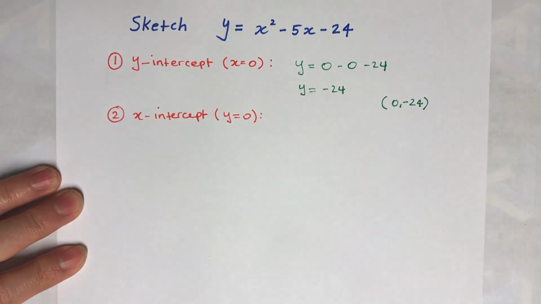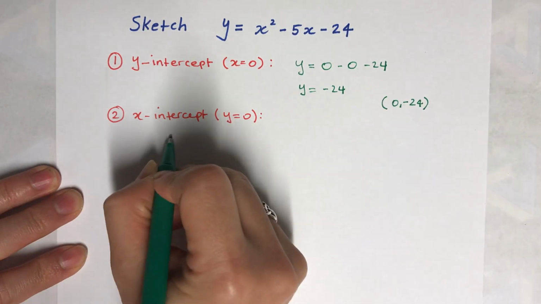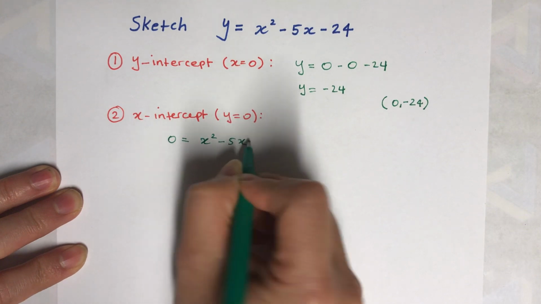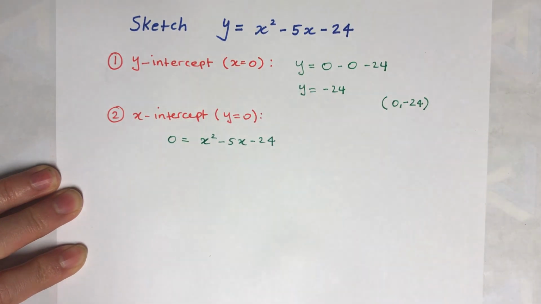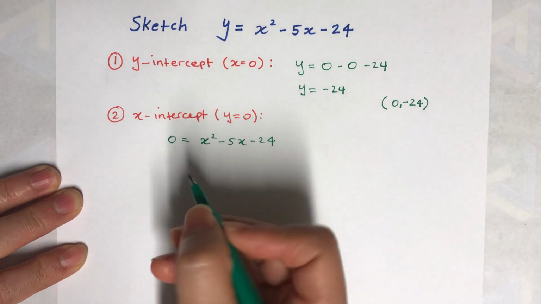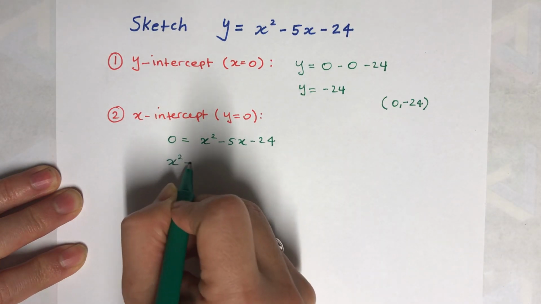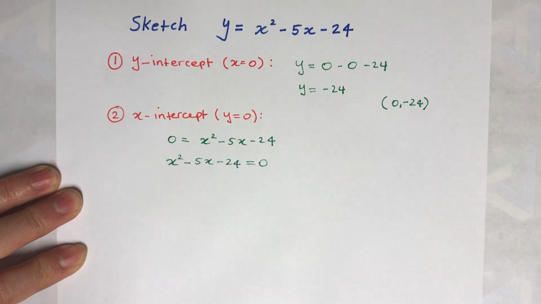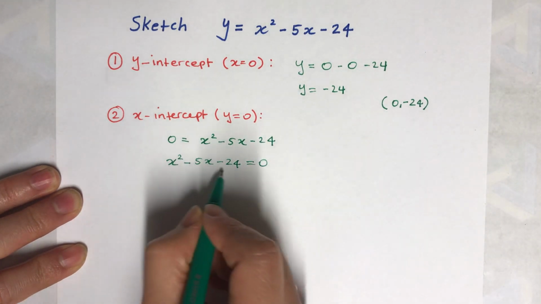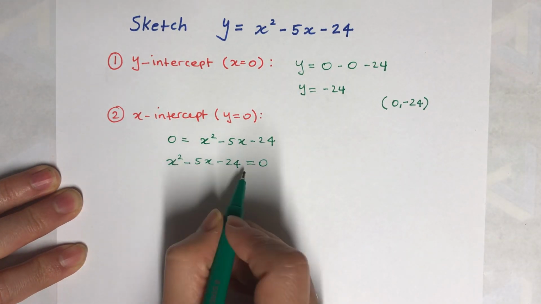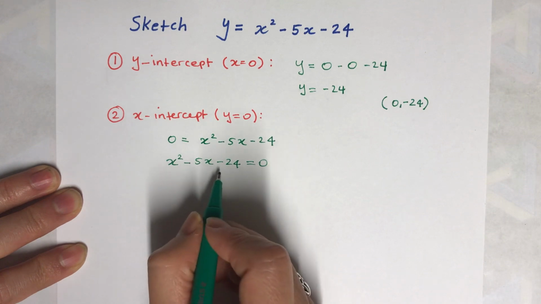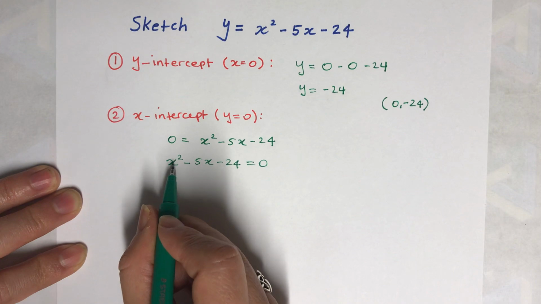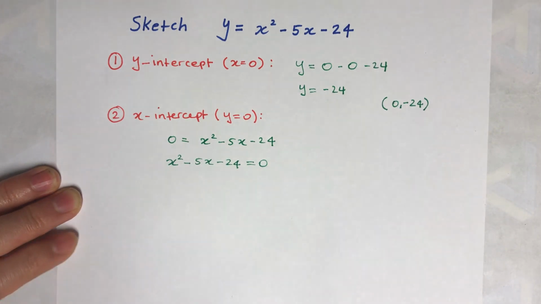So if I put that in, 0 equals x squared minus 5x minus 24. Now I'm just going to change this one because it looks much better for me if I do it like that. This is what we call a quadratic equation, and we need to factorize this because you will get 2 x values.